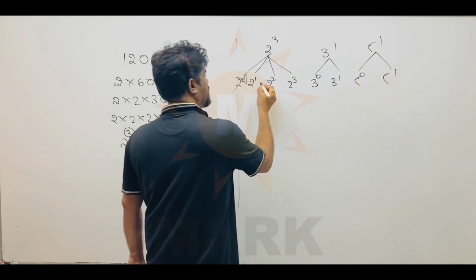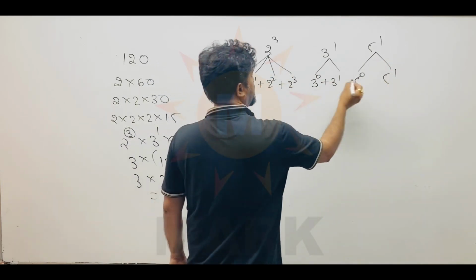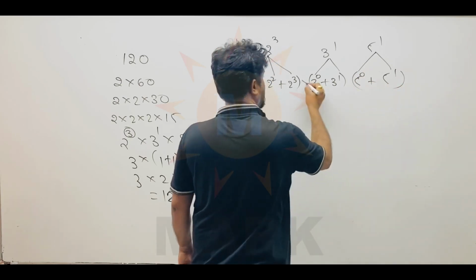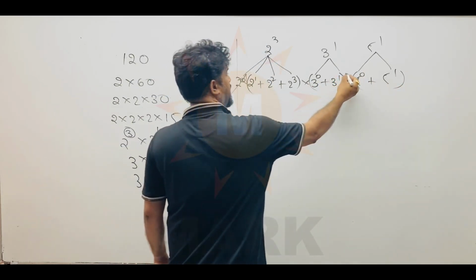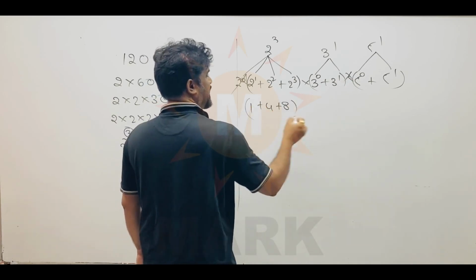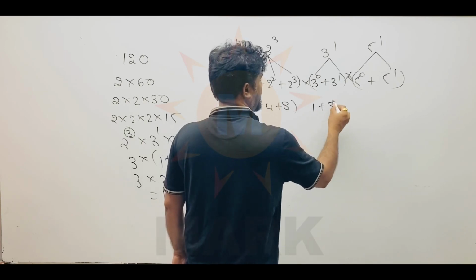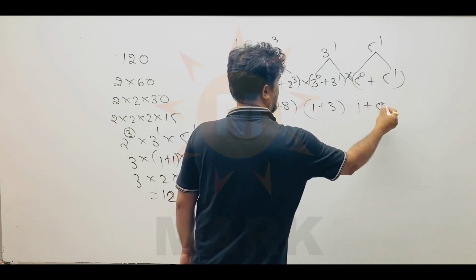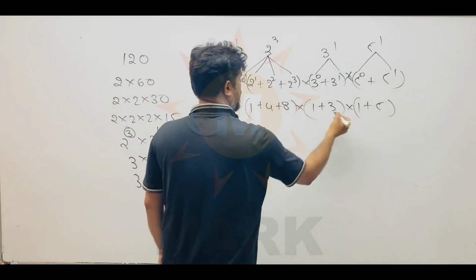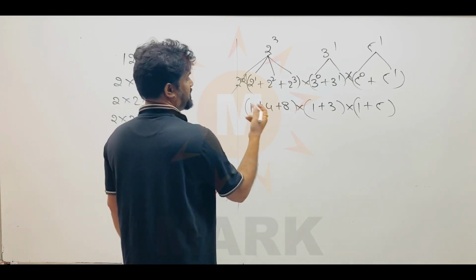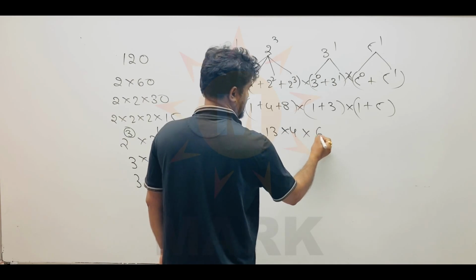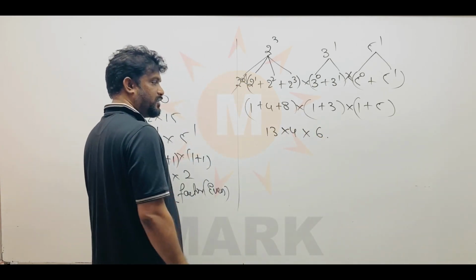These are added, and finally I am multiplying them. So 2 plus 4 plus 8 is 14, no wait, 1 plus 4 plus 8 is 13, into 1 plus 3 which is 4, into 1 plus 5 which is 6. So 13 into 4 into 6.